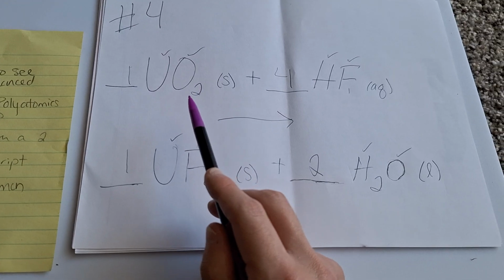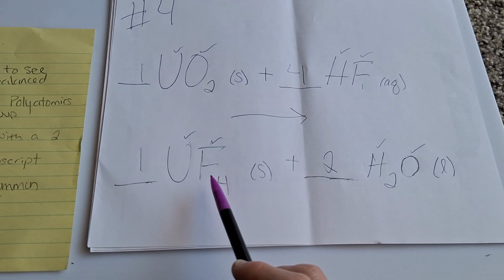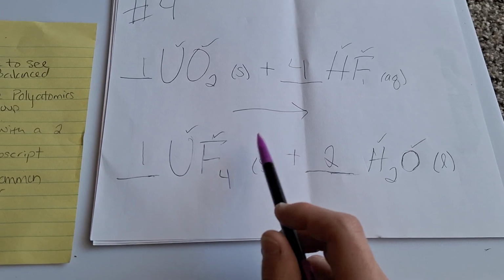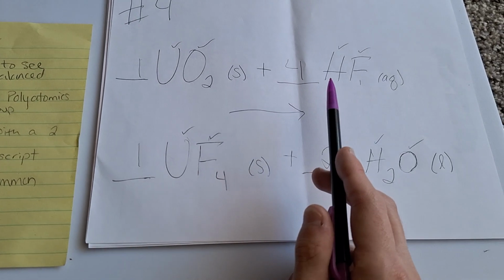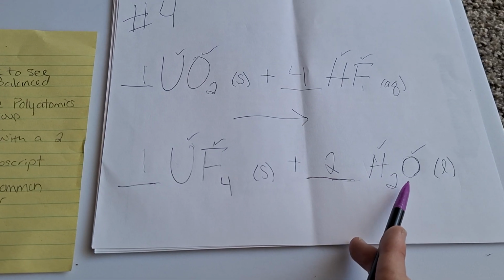Now again, like the other one, the U started with oxygen, but went to F, went to fluoride. Okay, and then the hydrogen started with fluorine, but went to oxygen.